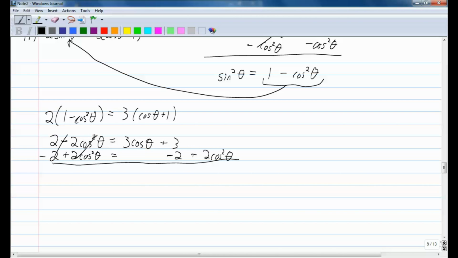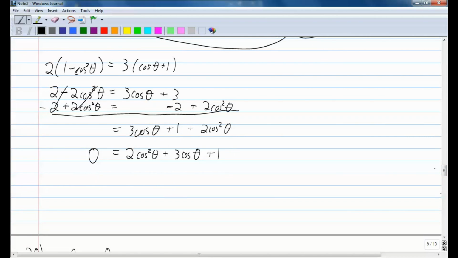So I'm setting this thing equal to 0. Now I will have 3 cosine theta plus 1 plus 2 cosine squared theta. You want to rearrange these terms so that you have your highest power first. So we're going to have 2 cosine squared theta plus 3 cosine theta plus 1 equals 0.